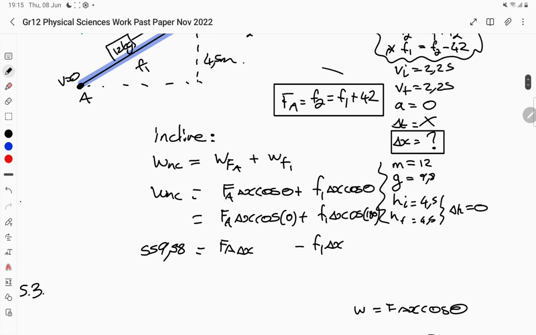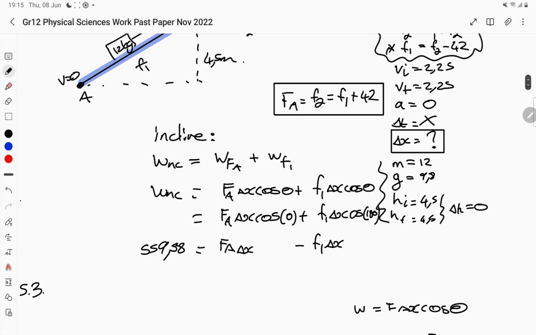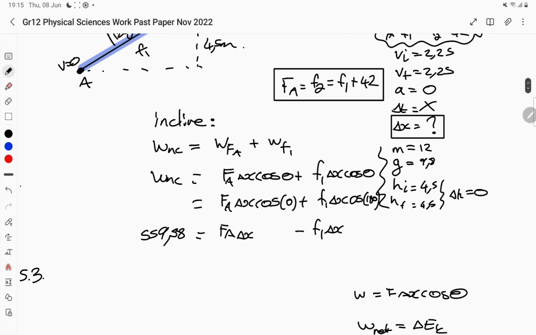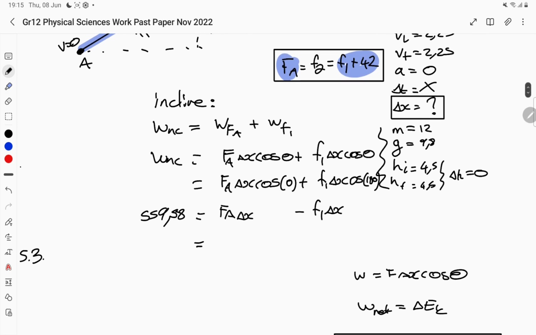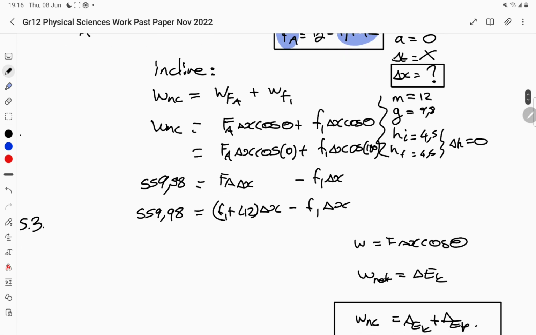But now we worked this out, or we identified this type of thing earlier, and now we have this Fa delta x minus the F1 delta x. But Fa is F1 plus 42. So if we substitute that in there, will we be able to solve it? Let's take a look. So we end up with this.